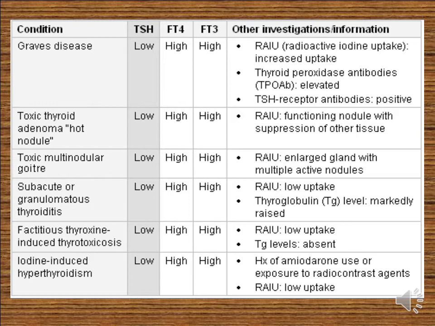In toxic multinodular goiter, again TSH is low, T3 and T4 are high, and radioactive iodine uptake shows increase in a large gland with multiple active nodules. Subacute or granulomatous thyroiditis, thyroxine-induced thyrotoxicosis, and iodine-induced hyperthyroidism all have low TSH and high T3, T4.